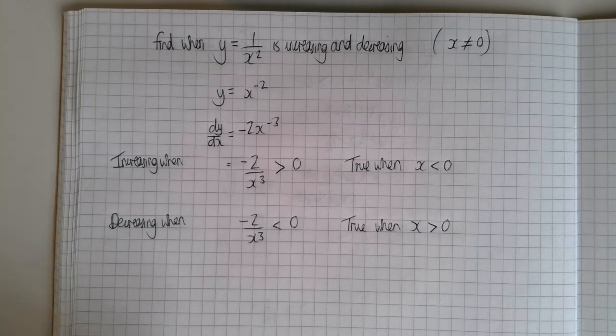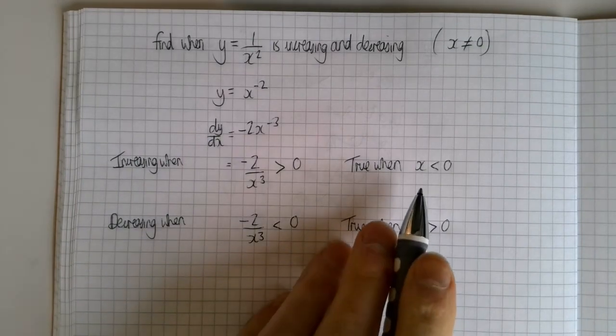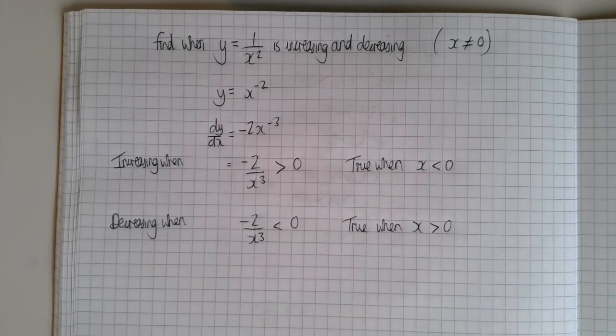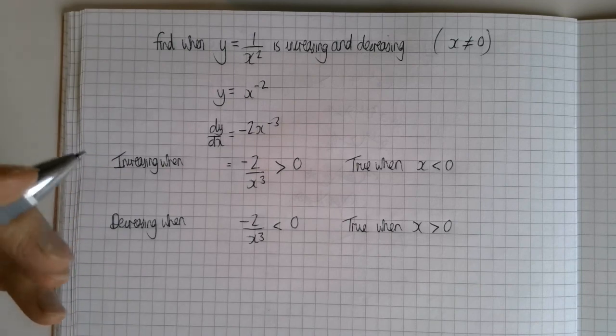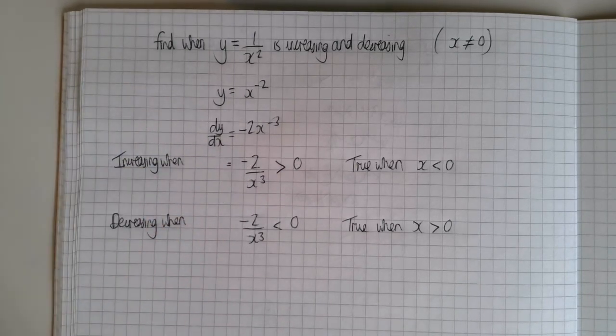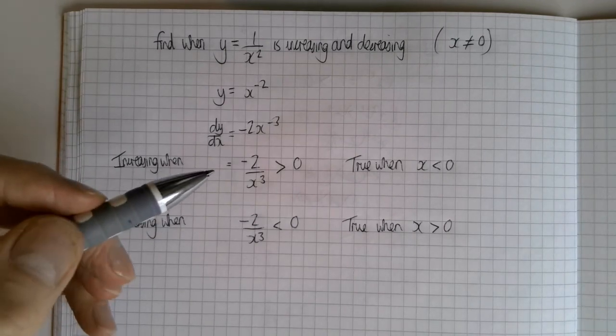So we've got here a sort of common sense explanation for when it's increasing and when it's decreasing, and yeah, that's a valid approach. So I wasn't able to use algebra here, but I suppose it's a bit like proof by exhaustion. So I've sort of said, okay, let's sort numbers into positive and negative and deal with it like that.